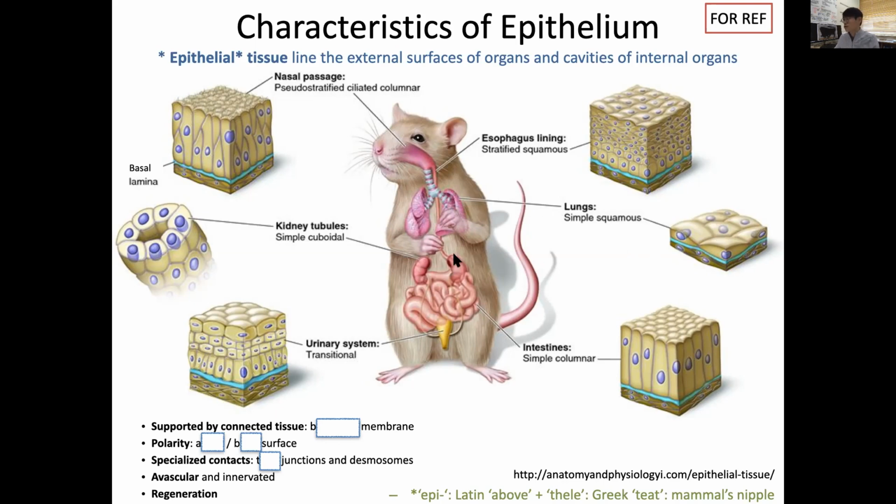The intestines are covered with a simple columnar epithelium. And let's go to the kidney. The kidney is a filter system in our body, and it secretes, making urine. So it has simple cuboidal epithelium. And the urinary system, such as the bladder, needs to expand and then contract, and that has multiple layers of epithelium.